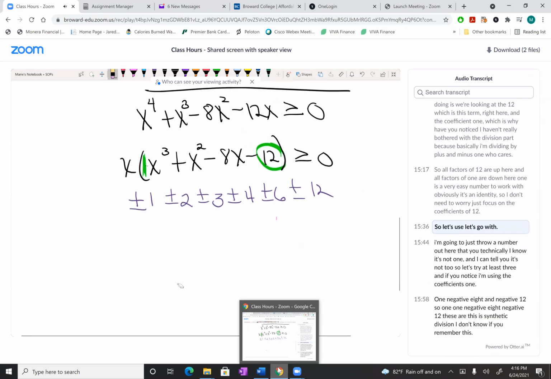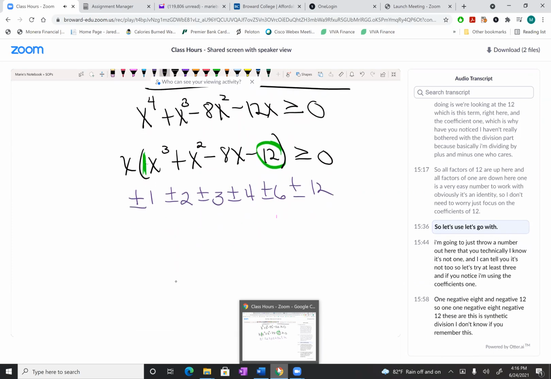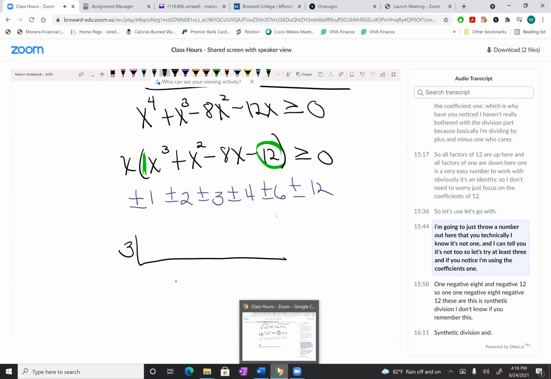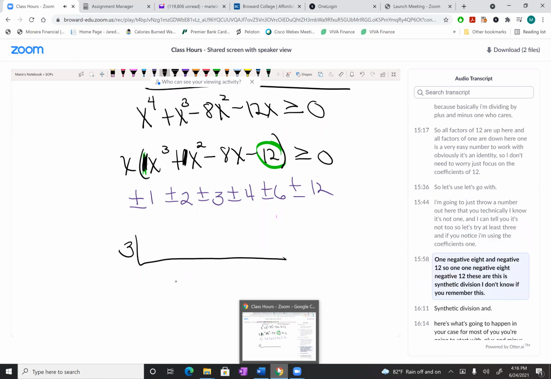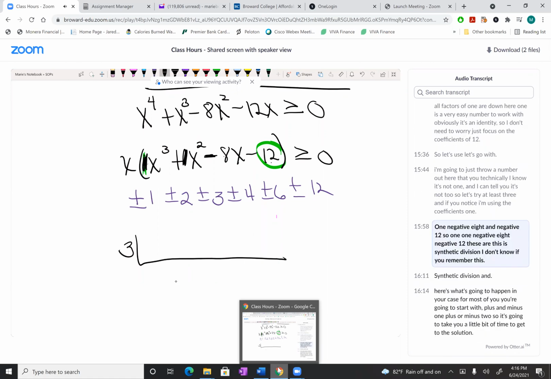So let's go with, I'm going to just throw a number out here. Now, I know it's not 1, and I can tell you it's not 2, so let's try at least 3. And if you notice, I'm using the coefficients 1, 1, -8, and -12. So 1, 1, -8, -12.